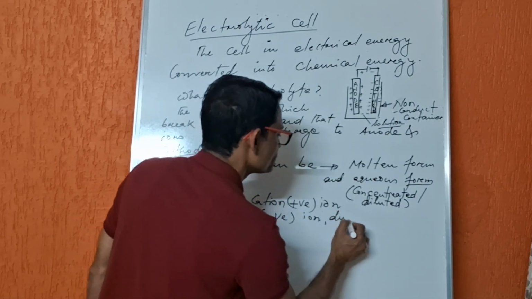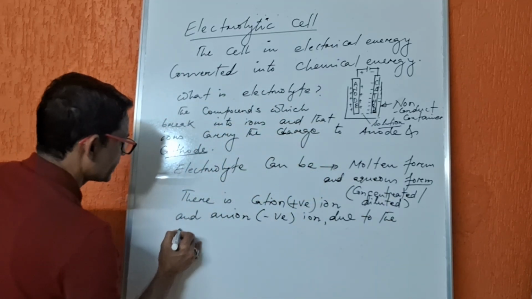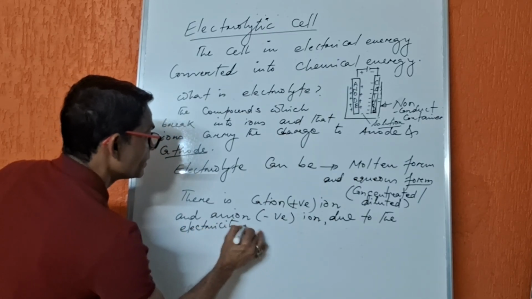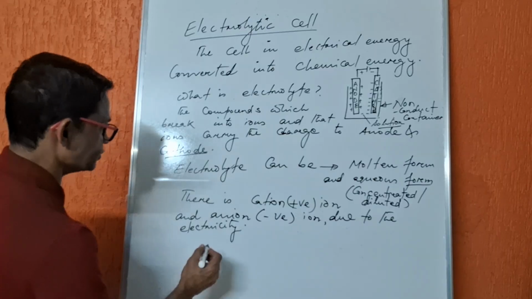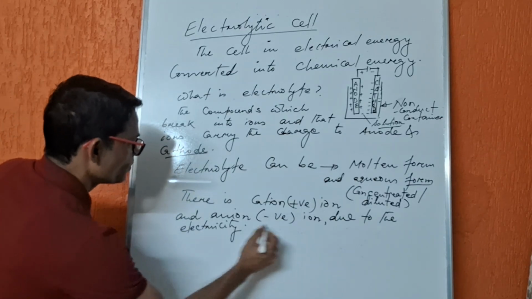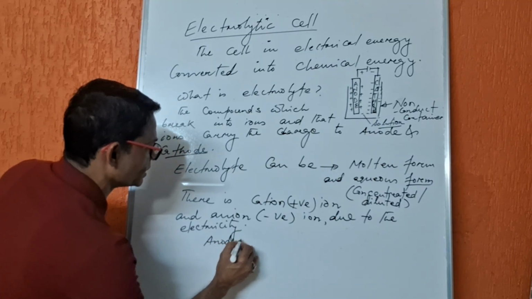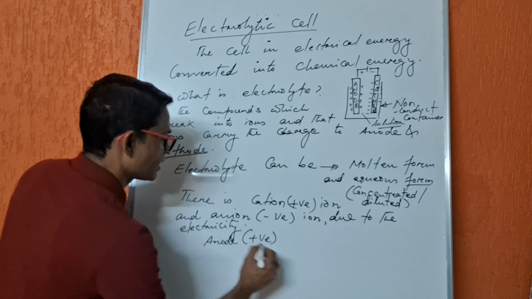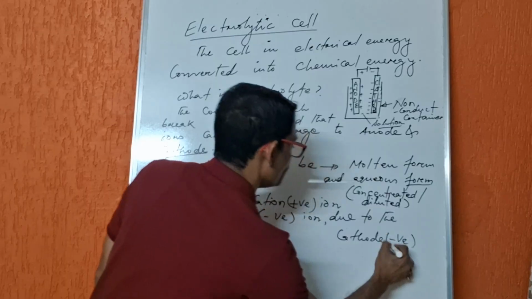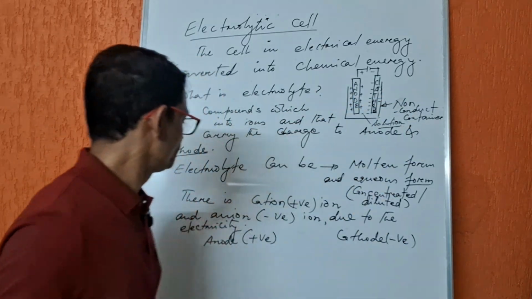Due to the electricity, anode is positive and cathode is negative.